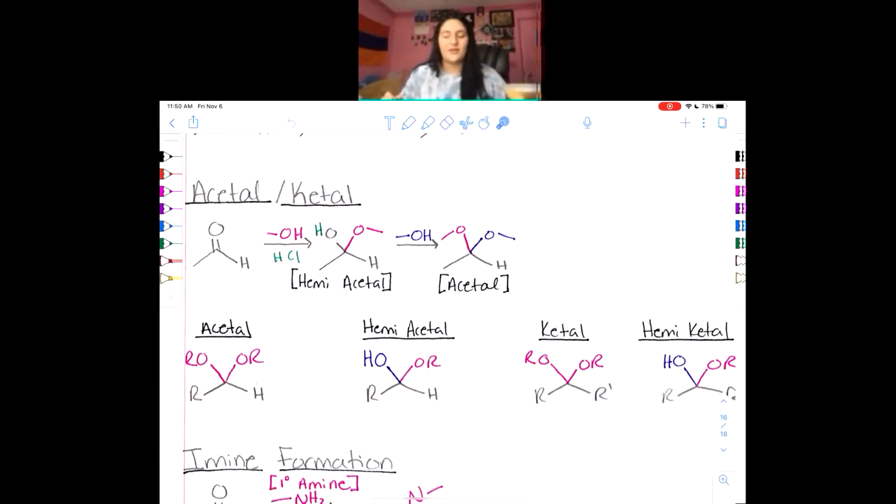It'll just be called a ketol instead. So we know that when we have an acid catalyst, in the first step of the reaction, we will get a hemiacetal or a hemiketol. And in the second step, we will react one more time. We will get an acetal or a ketol. And in the case of a base catalyst or no catalyst, we would stop at the hemi.